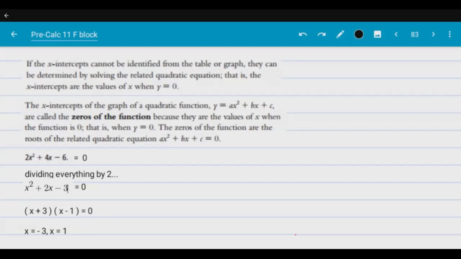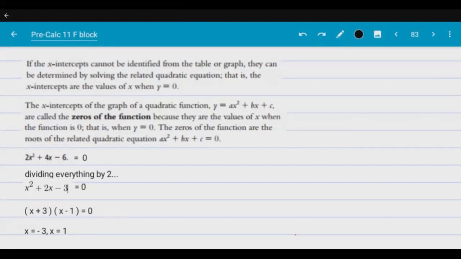The x-intercepts of the graph of a quadratic function are also called the zeros of the function. Therefore, when we talk about the x-intercepts, we are also talking about the zeros of the function. Why is that? Because the x-intercepts are defined as those points wherein the y value is 0. That's why it's called the zero of the function.